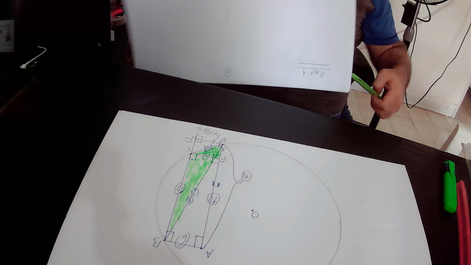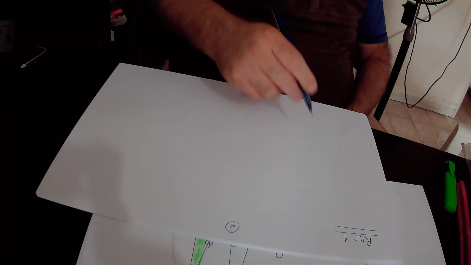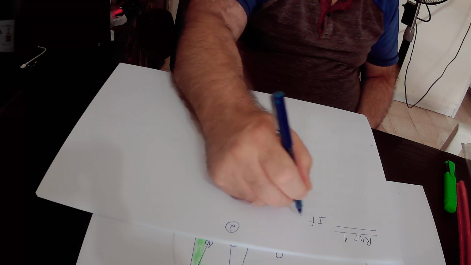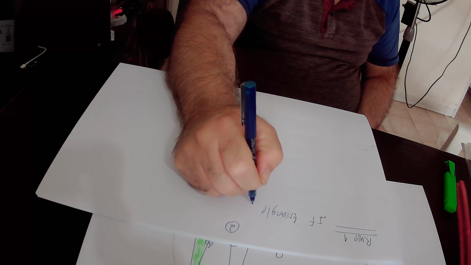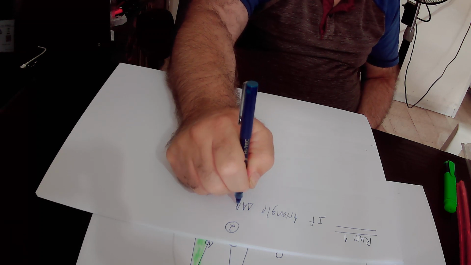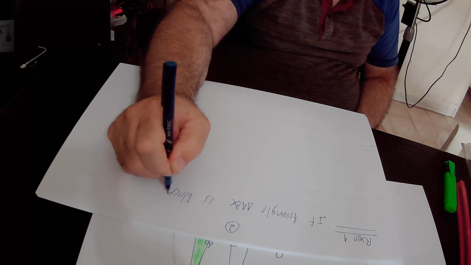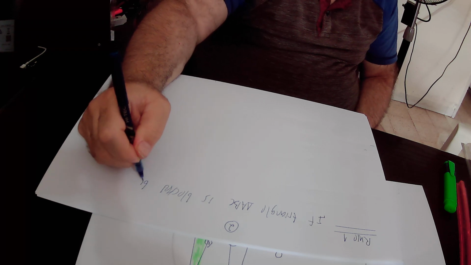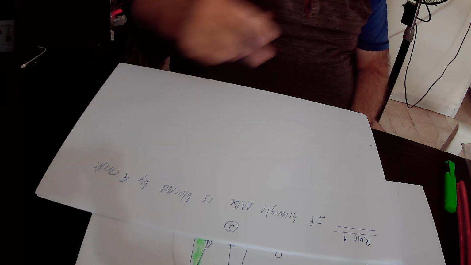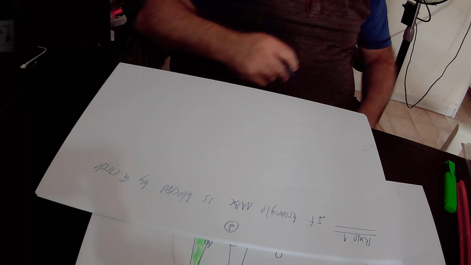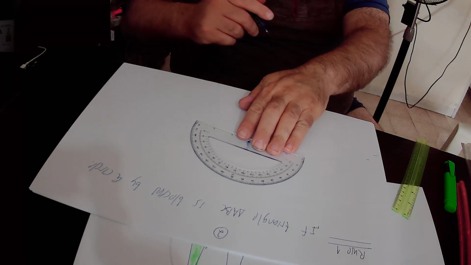According to rule number 1, if triangle ABC, which could be any triangle, is blocked by a circle, I will draw a circle with triangle ABC blocked in it.